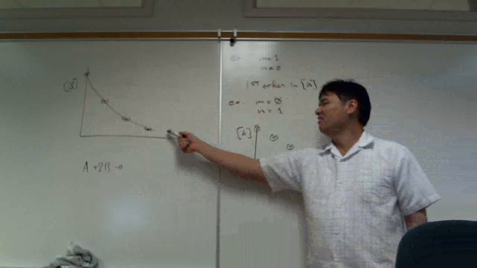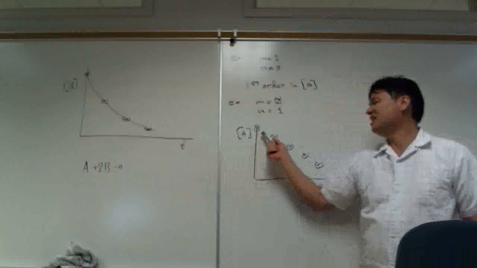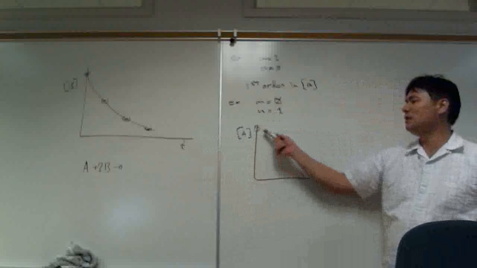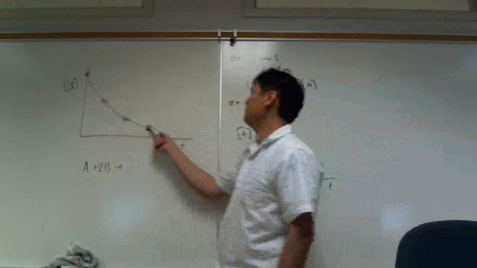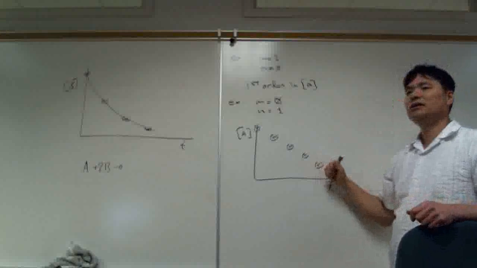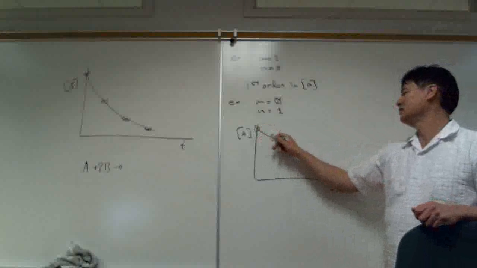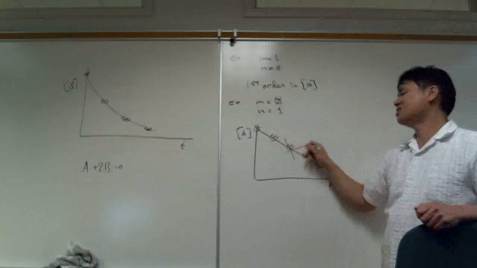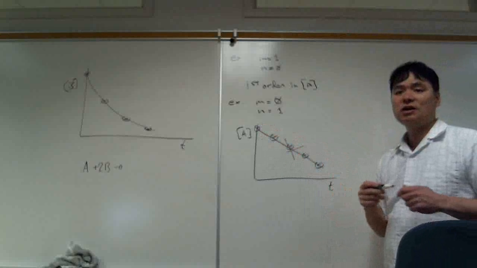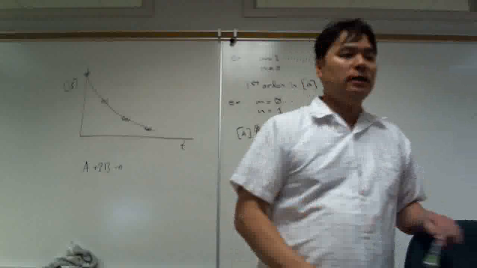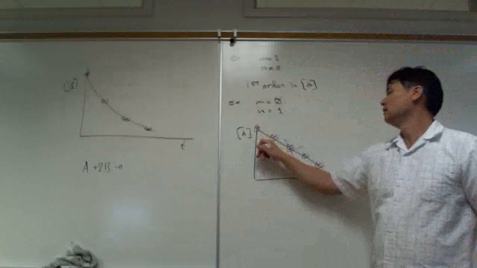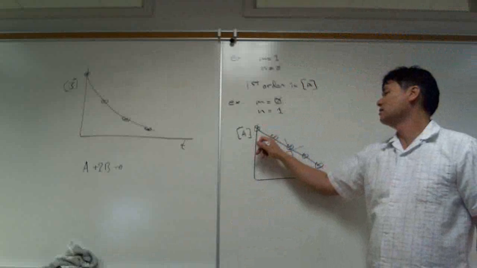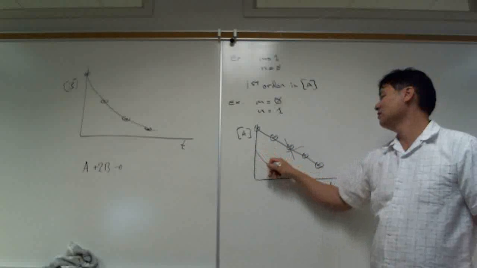And so basically the rate of consumption of A is going to be 1/2 the rate of consumption of B. And so if we're consuming B like this, then we must be consuming A not like this. It cannot be a straight line consumption. It has to be like this. A is being consumed at half the rate.